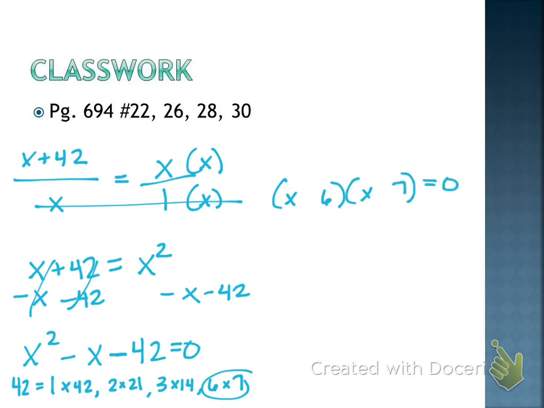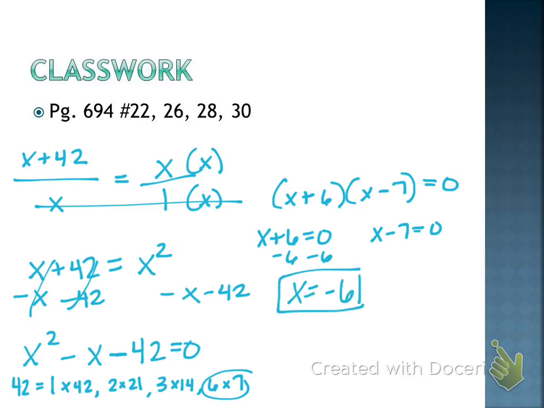And what are my signs going to be? Positive 6 and negative 7, because they've got to add to give me negative 1. Now, is this my final answer? Nope. I'm going to do x plus 6 is equal to 0, and x minus 7 is equal to 0. Subtract 6 on both sides: x is equal to negative 6. Add 7 to both sides, and x is equal to 7. Those are my final answers. Okay?